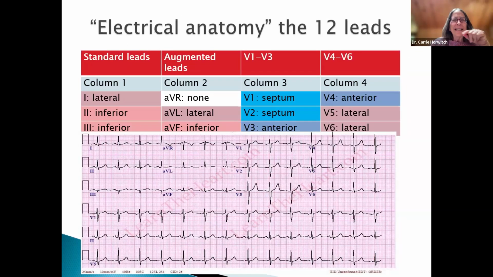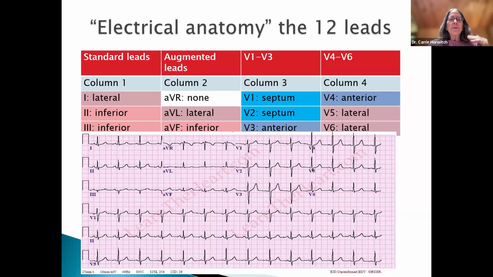So if I see a Q wave or an ST change in one of those leads, I really want to look very carefully at the other leads that speak to that part of the heart. I'm going to look at all the leads, but I really want to be sure, is it just one lead? And you need to make sure the leads are in the right place when you do that.